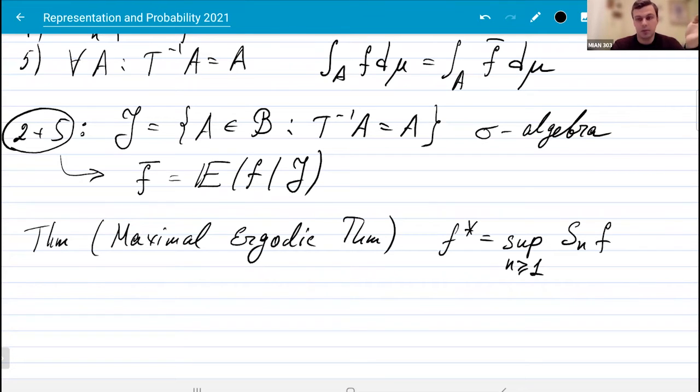Sometimes it is more convenient to take not the supremum but the upper limit, lim sup. But let's prove it with this.